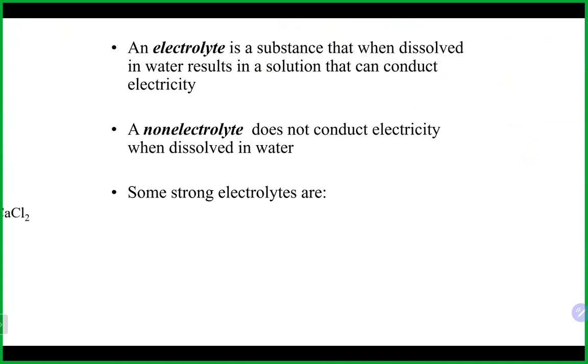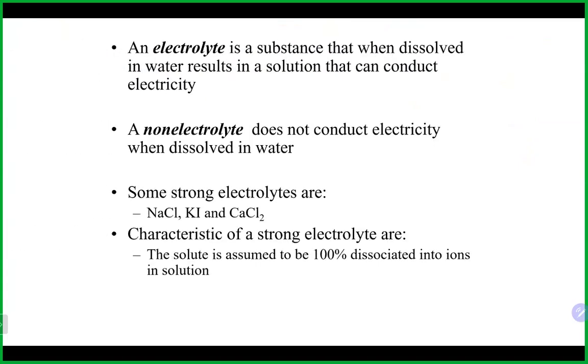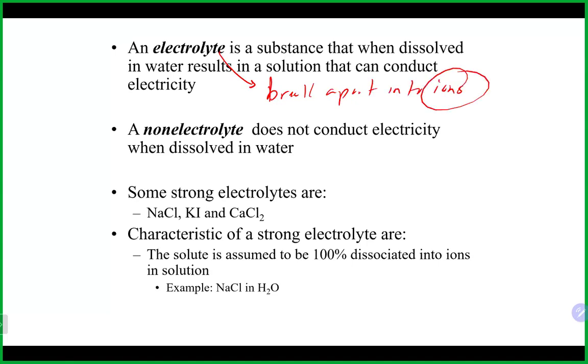Now, an electrolyte, which we talked about in a previous chapter, is something that will dissolve in water and create electricity. Remember, an electrolyte is something that will basically break apart into ions. And it's the presence of those ions which allows it to conduct electricity.